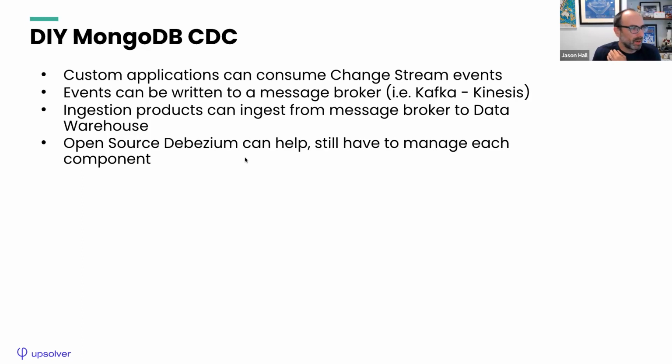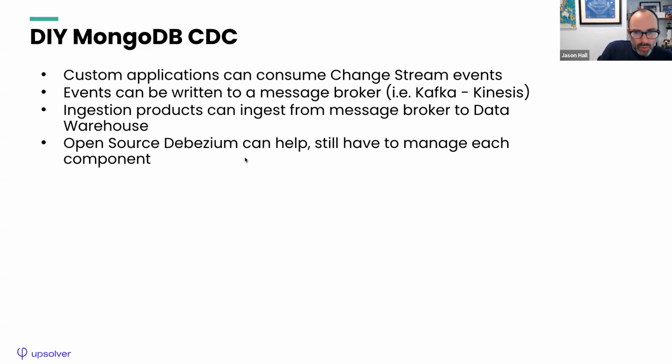These messages themselves are pretty simple JSON data structures, so nothing overly complex about the change stream messages. Once that change stream event gets onto a message broker like Kafka, then you could take that message and write it into your data warehouse. All right? And there are lots of APIs that allow, for example, taking an event from a Kafka topic and writing it into Snowflake. I'll provide some examples here in a minute.